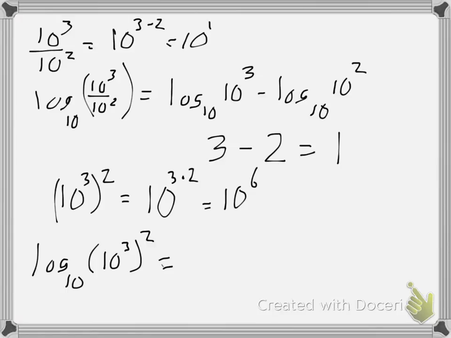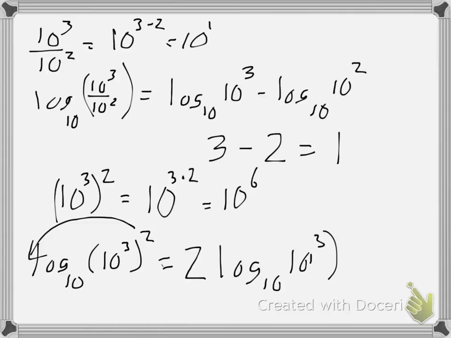What happens with that 2? It goes in front of the log. 2 log base 10 of 10 to the third, right? Which is 2 times 3, which is 6. So it all works very nicely.